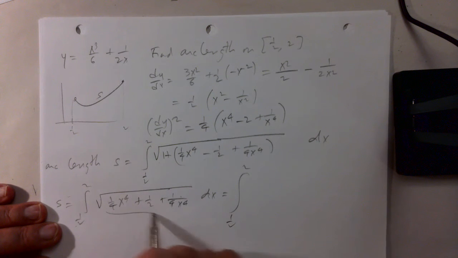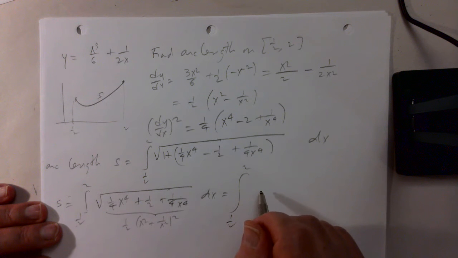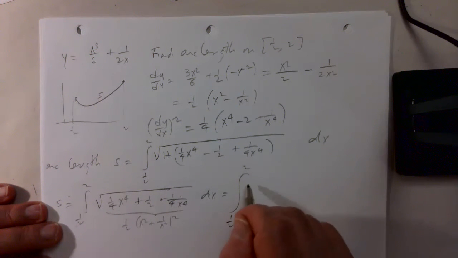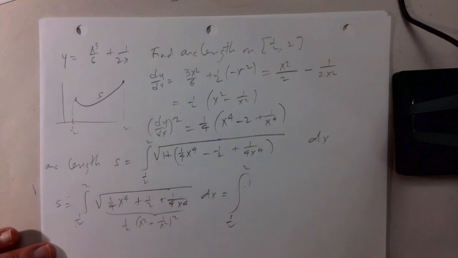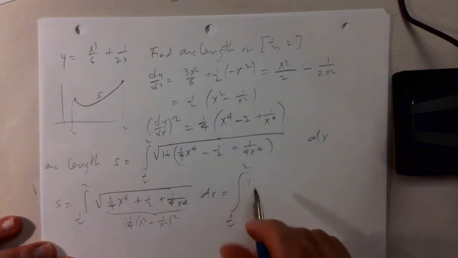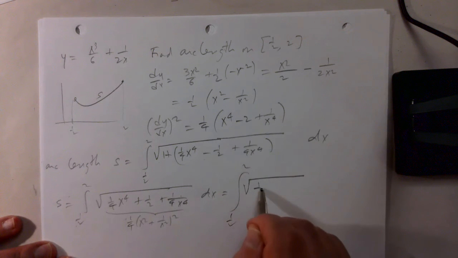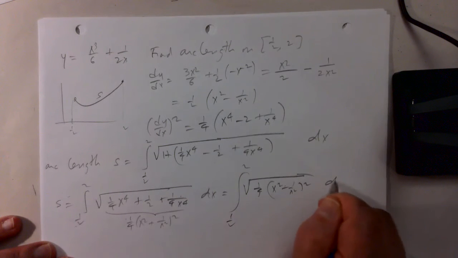And what's inside this square root is in fact a perfect square. It's 1/2 x squared plus 1 over x squared squared. Sorry, 1/4 that. So we're integrating the square root of 1/4 x squared plus 1 over x squared squared dx.